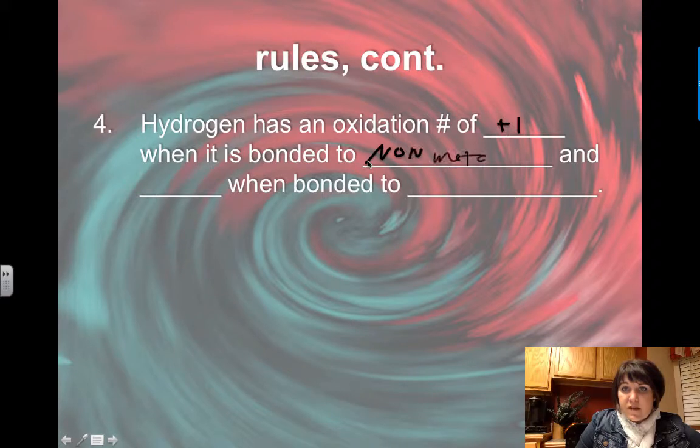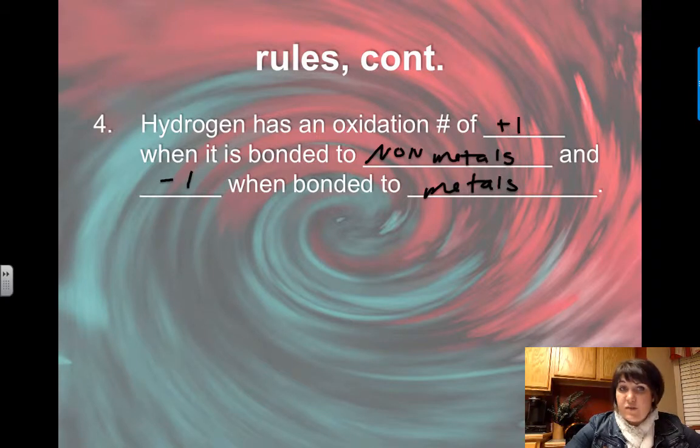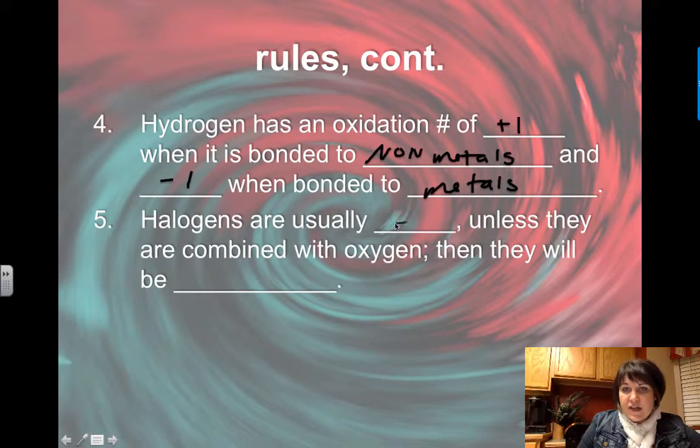But sometimes the hydrogen can bond to a metal, and when it does, it will have a -1 charge, because metals are always positive. That hydrogen, though, can either gain an electron to make 2 electrons total, or it can lose an electron and have none, and that works just as well. Halogens are usually a -1, unless they're combined with oxygen. Then they will have a positive oxidation state.